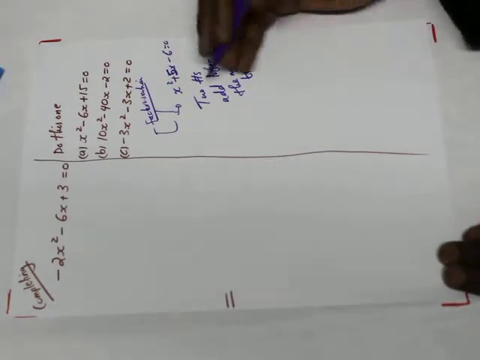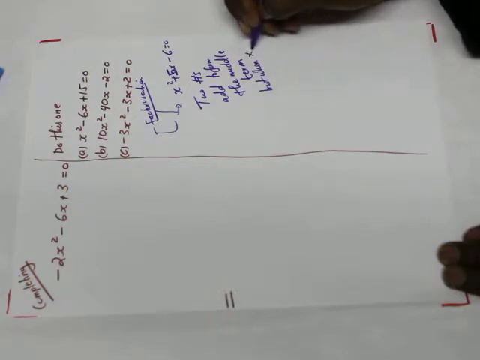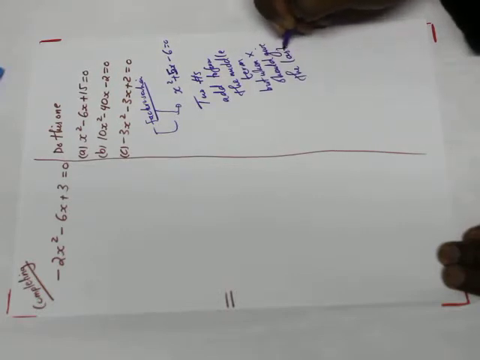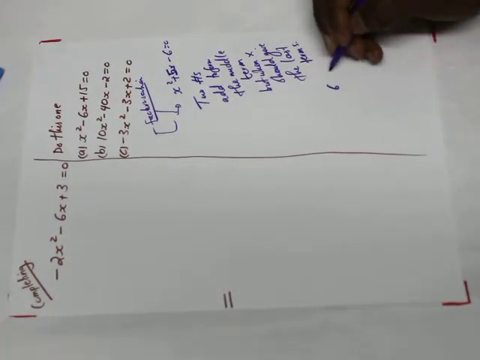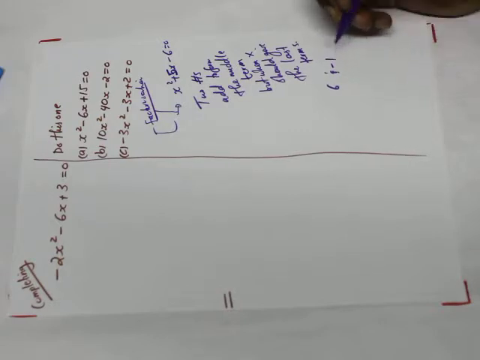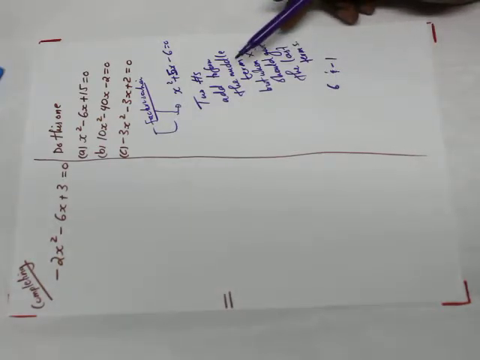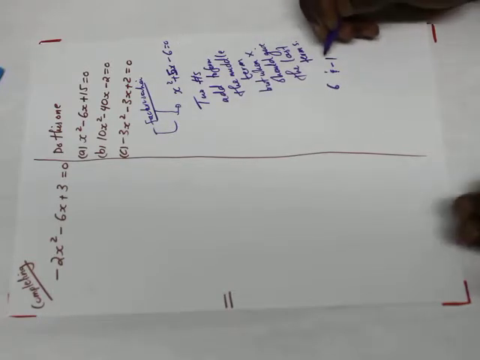But when multiplied, they should give the last term. So it's a lot to think about here, and obviously you can see that 6 and negative 1 work. We can see that 6 plus negative 1 is 5, and 6 times negative 1 is negative 6. And so these are the two factors.